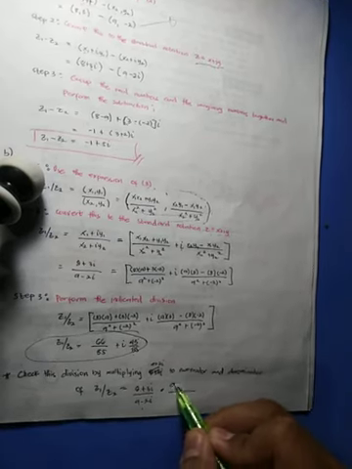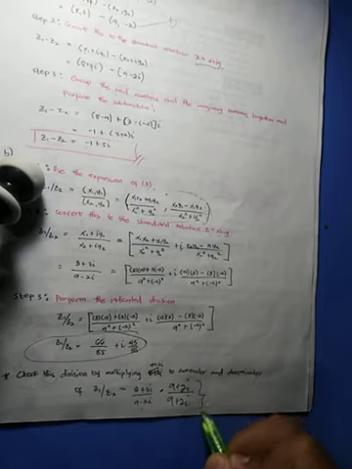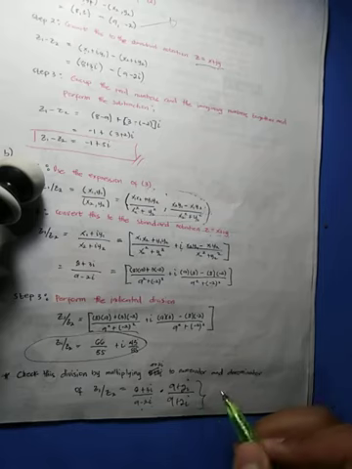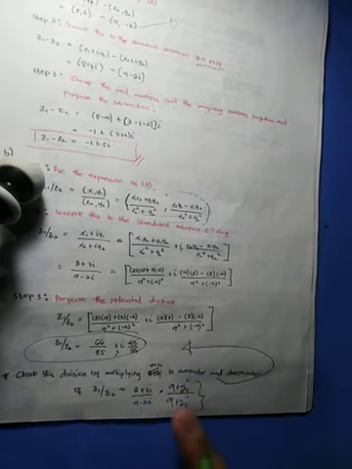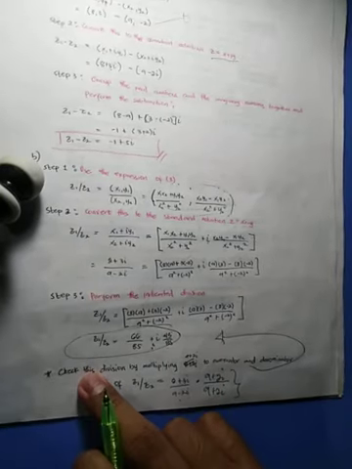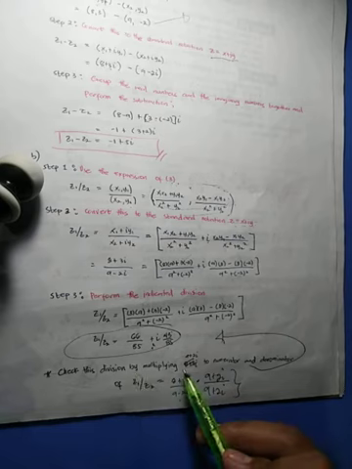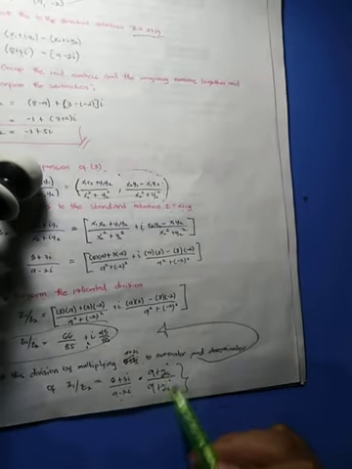So you have 9 plus 2i over 9 plus 2i. Just multiply it, then apply the multiplication, so you can derive this final answer. Just perform this one. That is what this note says: check the division by multiplying 9 plus 2i to the numerator and denominator.